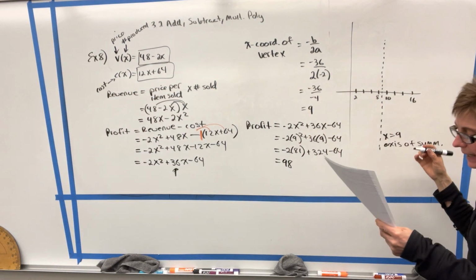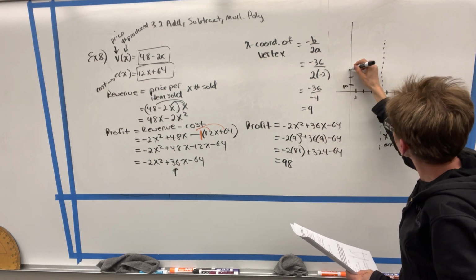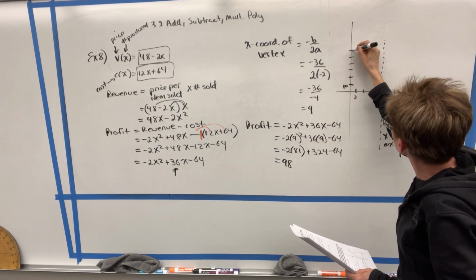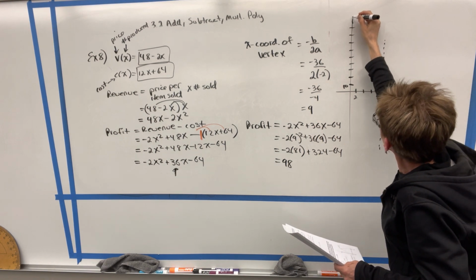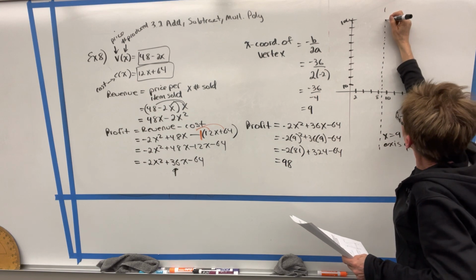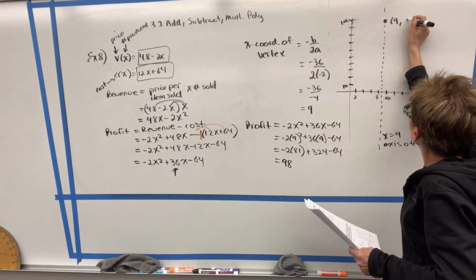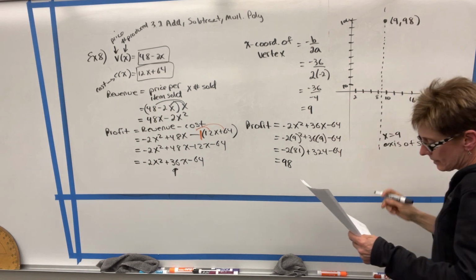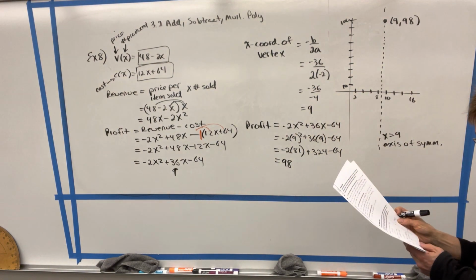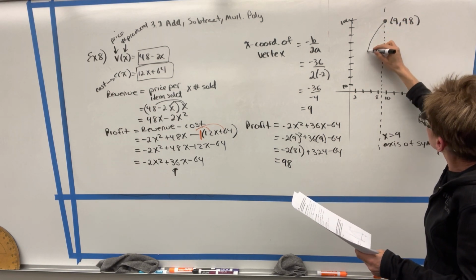So let's go ahead and plot on the y-axis by tens. 20, 30, 40, 50, 60, 70, 80, 90, 100. The vertex of this parabola is going to be at the point 9, 98. And we can graph it going down like this.